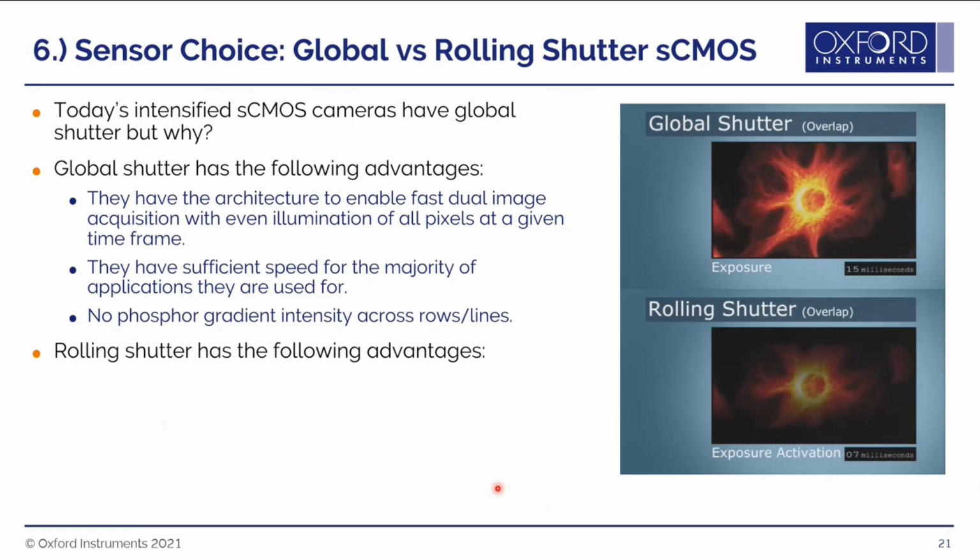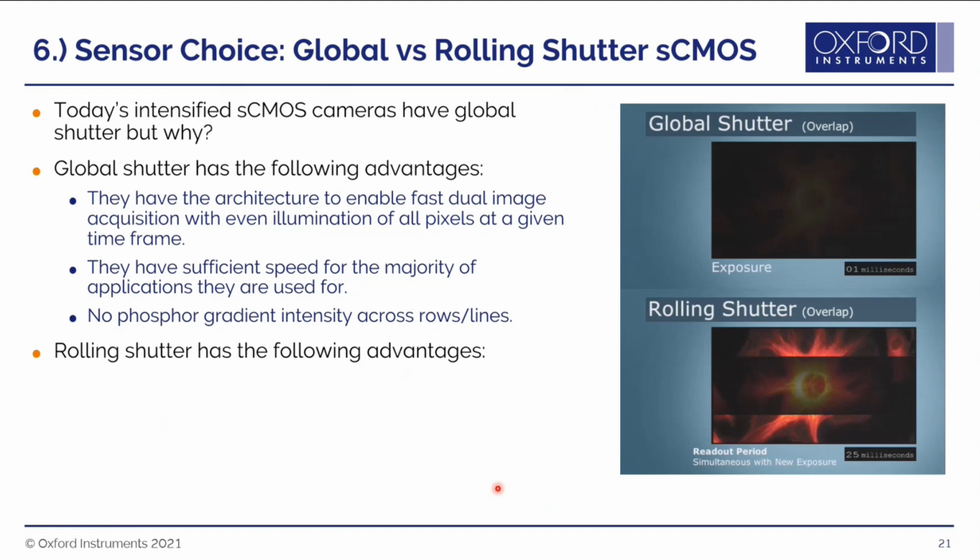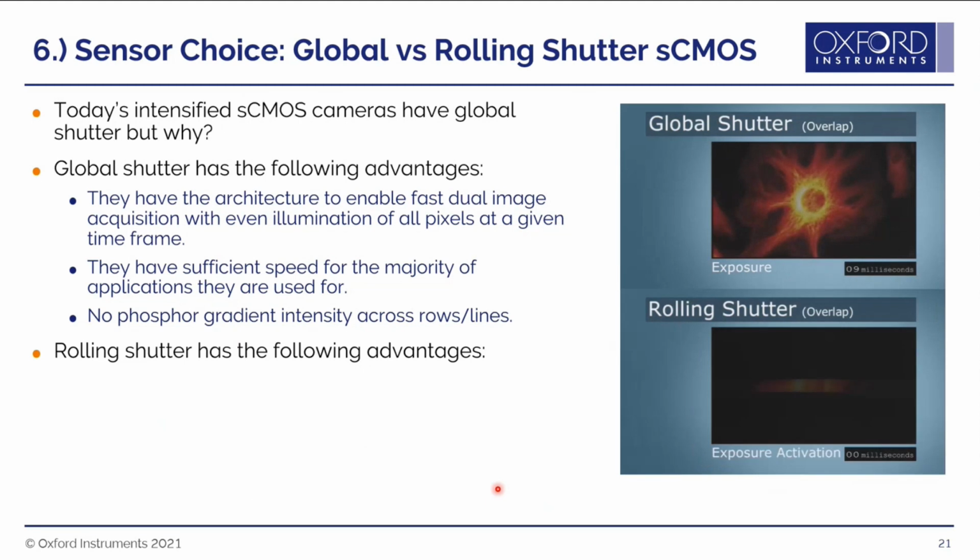Once you've acquired the whole image in the center columns of the sensor, you then start reading them out sequentially, opening the shutter in reverse, and then acquiring the next image. So a rolling shutter is not particularly good if you have a phosphor gradient, because you're going to see a different gradient of phosphor intensity across the rows and perhaps within the image.